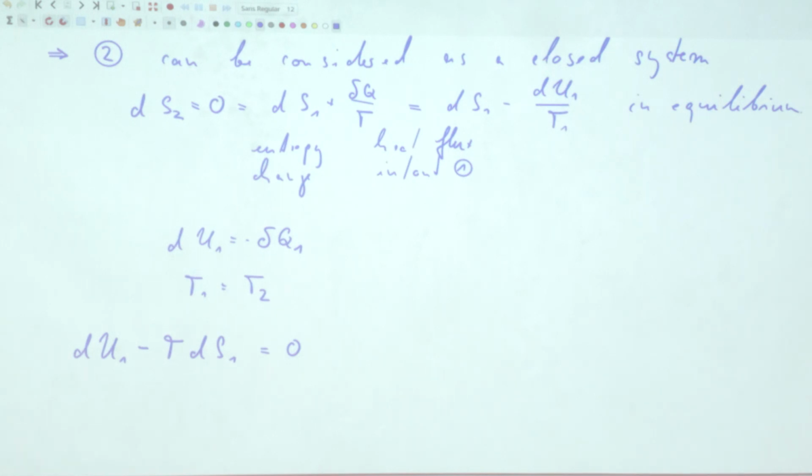And I mean, this probably is known to many of you. This is what we call the free energy, or the differential of the free energy.